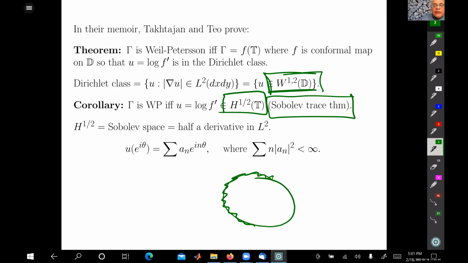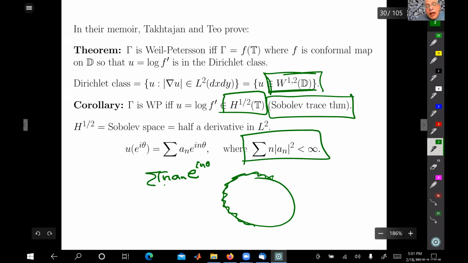And half a derivative you can think of, well, if you have a power series like this and you took one derivative, then what happens is the n comes down. So if you took half a derivative, a square root must come down. That just makes sense. And if you compute the L2 norm of that, you get this. And so on the circle, H1 half are the functions whose Fourier series satisfy something like this.